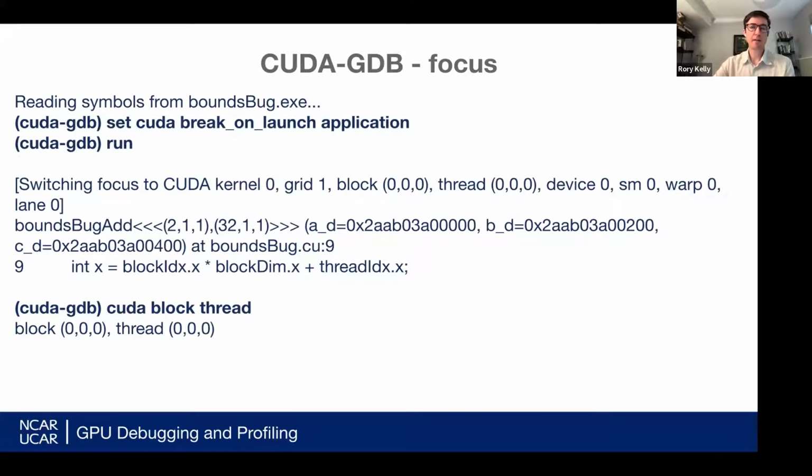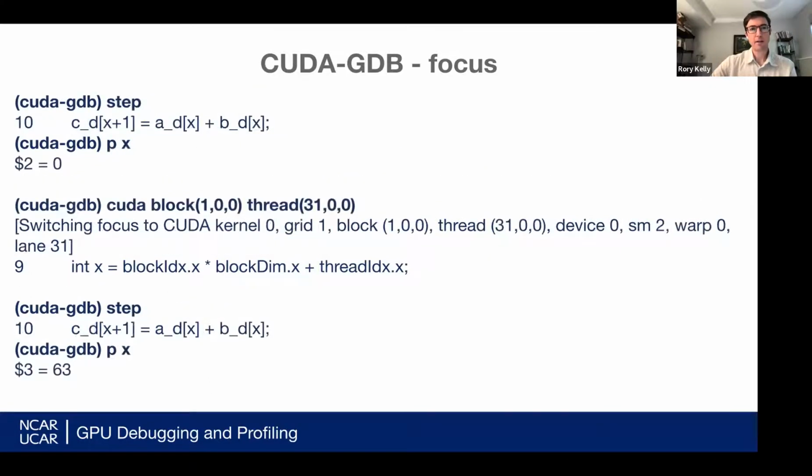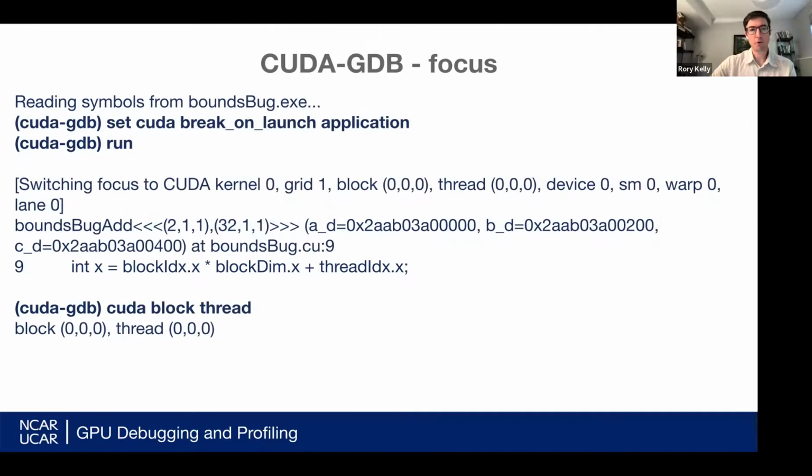Now I can examine exactly what thread is doing what. When I set this breakpoint, the first thread to hit the breakpoint stopped the program. So if I say cuda block thread, it will tell me what block and what thread I'm looking at right now. In this case it says block 0, thread 0 is the one that hit the breakpoint first. Going back real quick, I'm on line 9 here, which is saying x is about to get set. x is my index here.